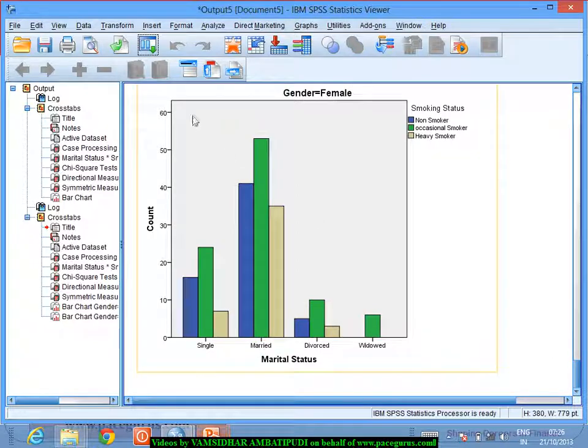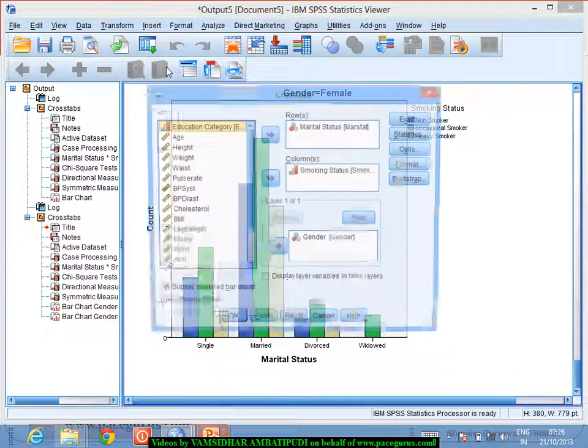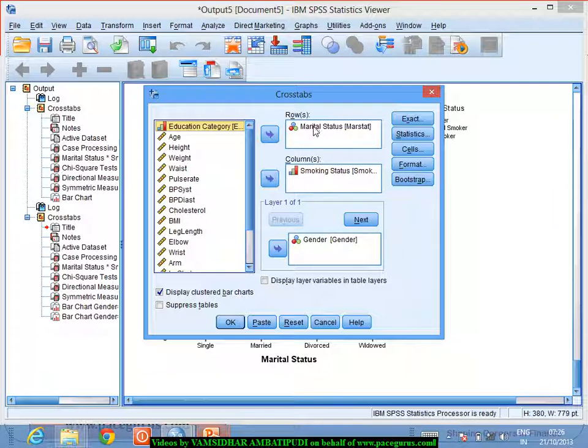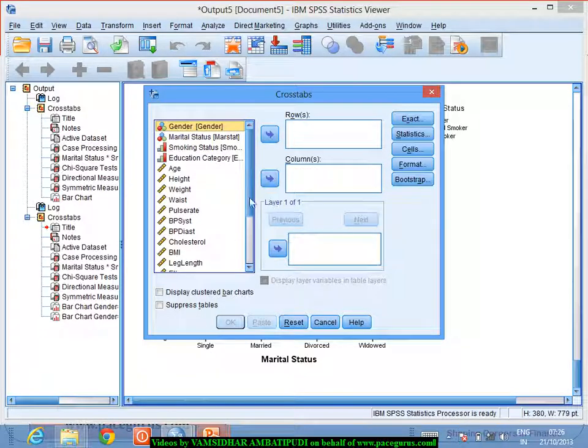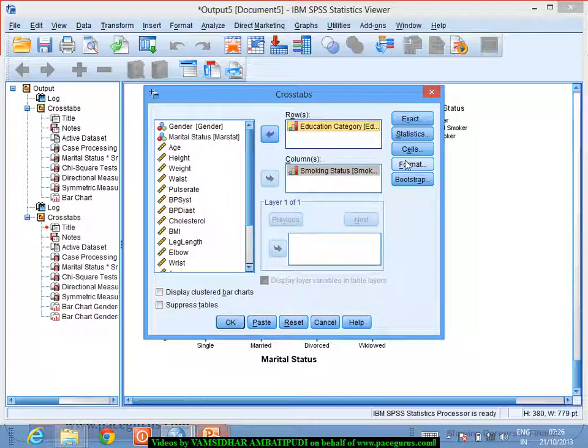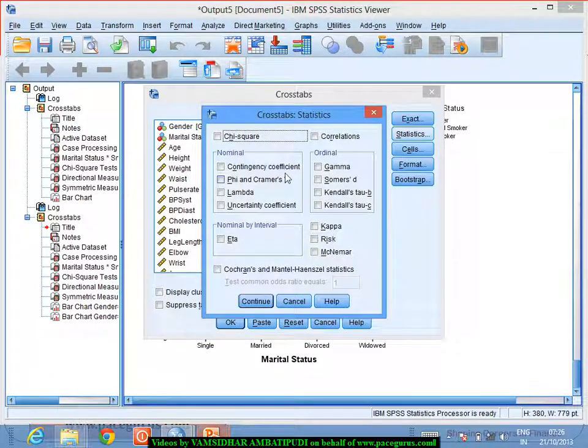Now probably if I want to redo this analysis, let's say instead of marital status, I would like to look at the smoking status. If required, we'll reset all of them. So I'll go with the smoking status across various education categories. And here to address it a little bit more, I'll go for the chi-square. But because both the data for us right now are ordinal only, I will select these, which are more similar to finding out the strength of the relationship in case of nominal.